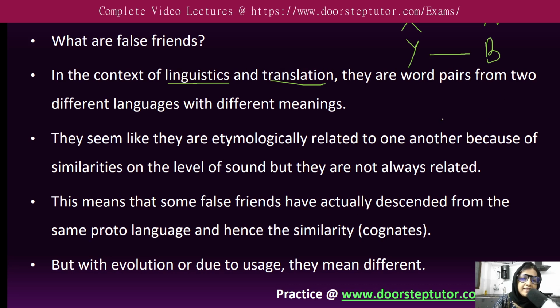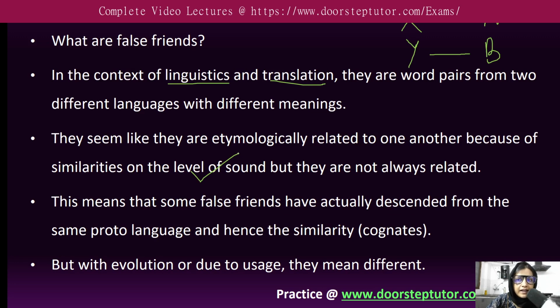In the sense that they have similar phonology. Okay, they sound the same, they look the same, which means they have the same form. So a person might get confused that maybe these two words have the same etymology. Maybe they have descended from one common parent, or proto language as you call it in the context of historical linguistics.